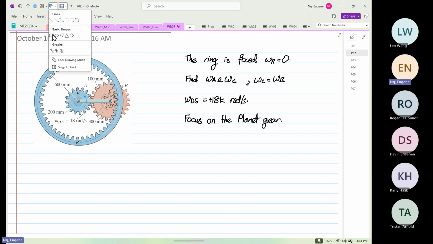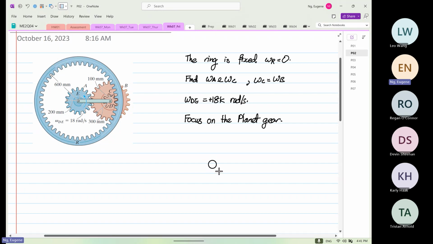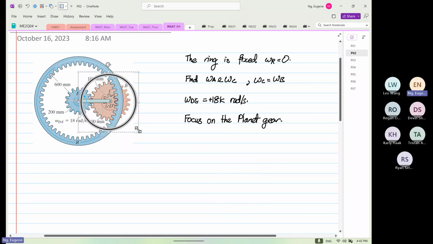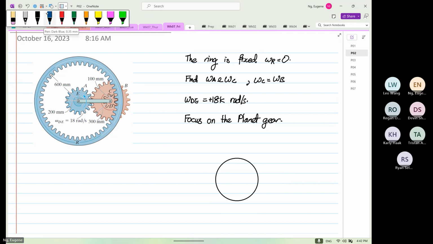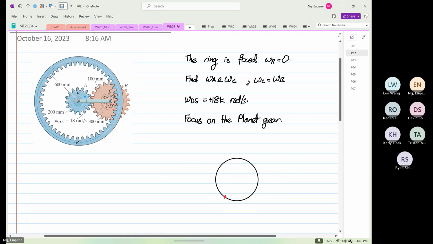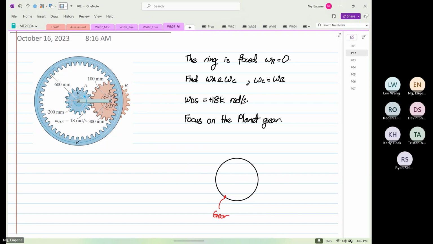So if I were to draw our planet gear, I'll try to draw it to size. This is our planet gear, and let's label this gear B. And there's one in the center which is smaller.